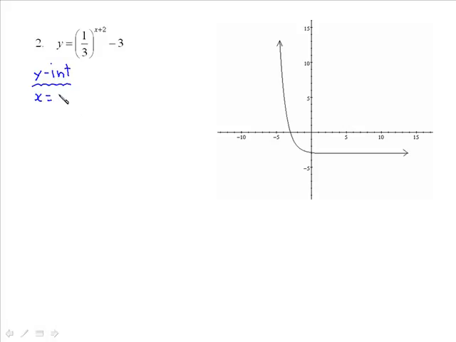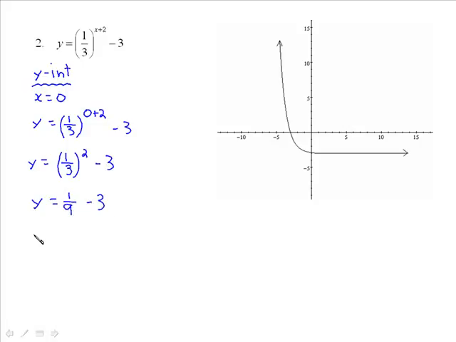So I replace x with 0, and then we get y is equal to 1/3 to the 0 plus 2, minus 3. y is therefore equal to 1/3 to the 2, minus 3. y is equal to 1/9 minus 3.